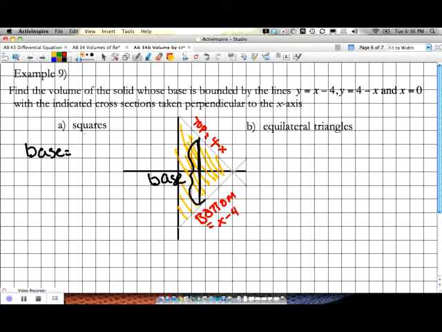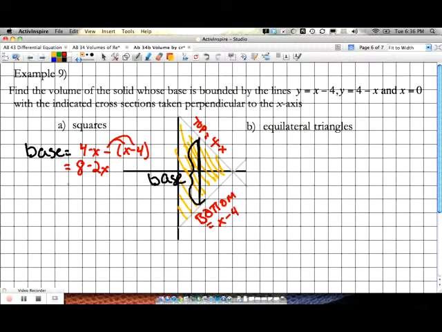So the base is the top minus the bottom, which is 4 minus x minus (x minus 4). And if we were to simplify this, this negative distributes, so I'm going to have 8 minus 2x because I got two negative x's and this negative 4 makes a positive. So there's my base, 8 minus 2x.